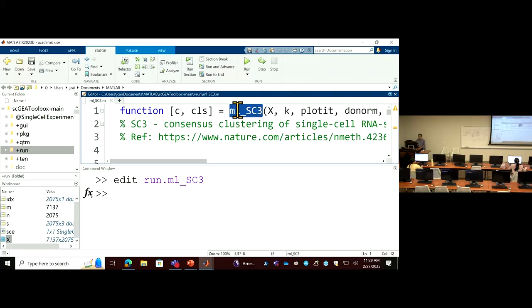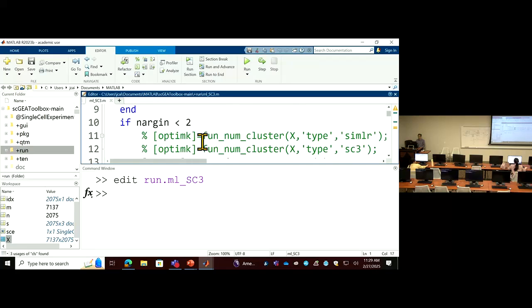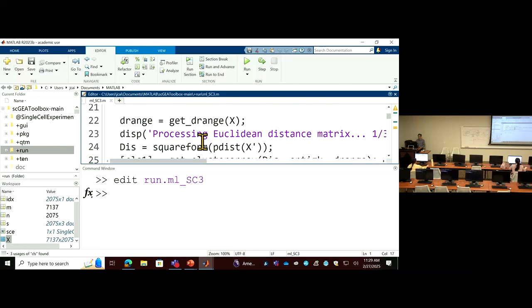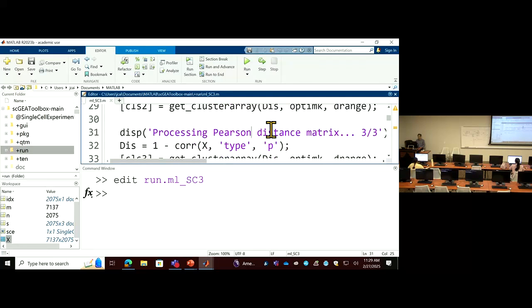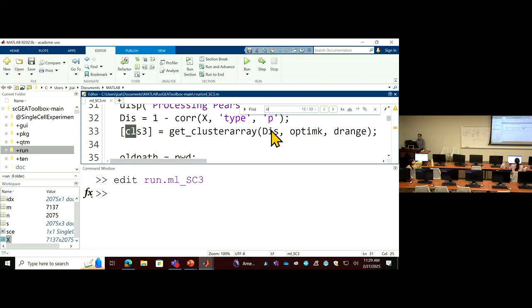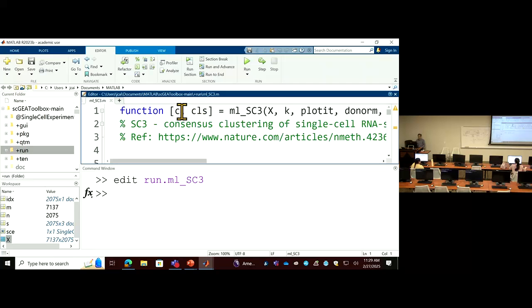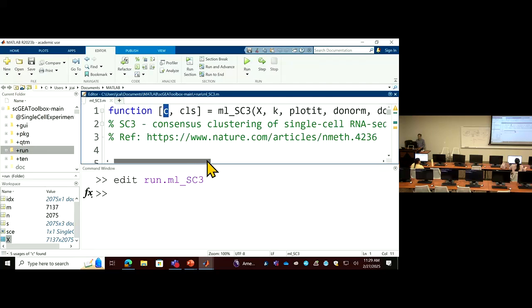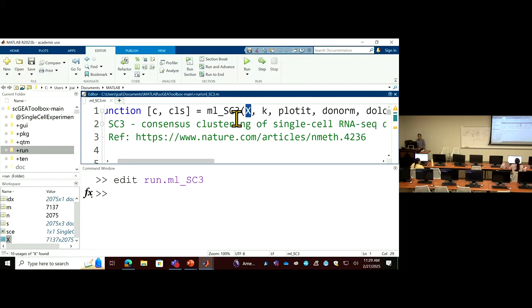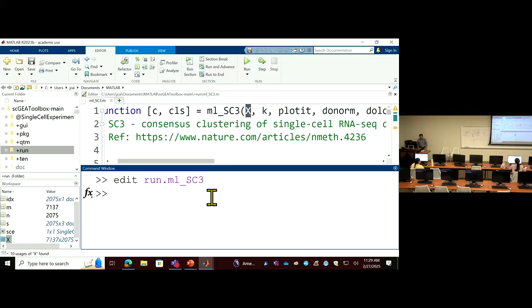So it will return a variable called C. C should be the index, that's CLS. Your input is the big X matrix.